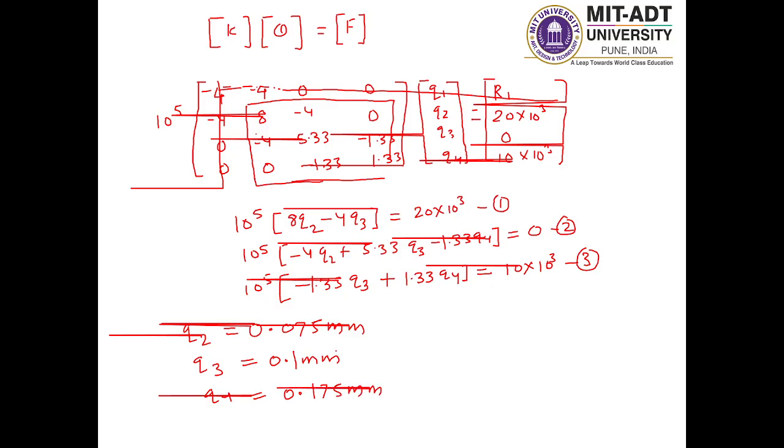In the second video I found all these terms by using a numerical method. Please see my second video, in which I have calculated the value of displacement at different nodes by using ANSYS software. Right? Thank you very much.